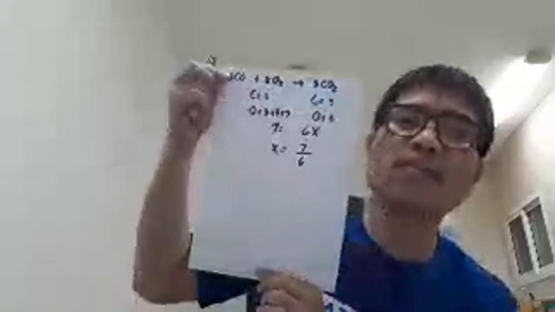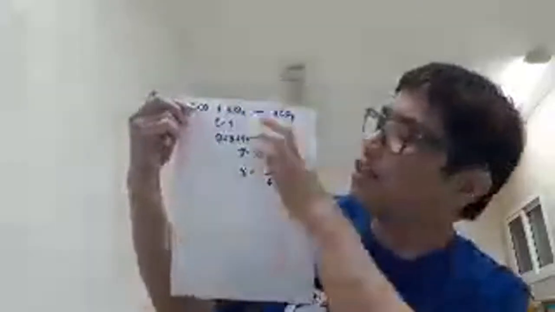So X is equals to 7 over 6. Substitute that here. So 3CO plus 2 oxygen gas is equals to 7 over 6 times 3CO2.